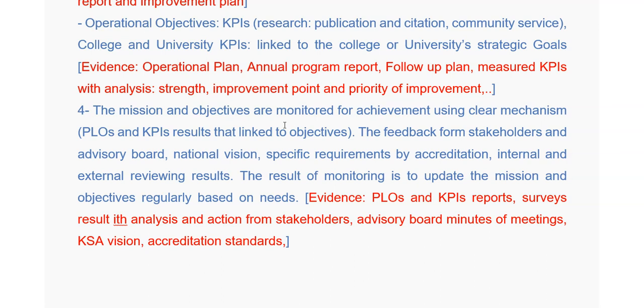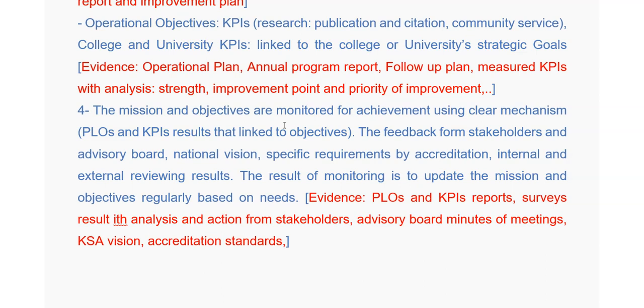This mechanism should be written. Also, you need to provide evidence, for example program learning outcomes and KPI reports, survey results, the analysis and action from stakeholders, advisory board minutes of meetings, Saudi Arabia vision, accreditation standards, any documents, any reports showing that based on them you updated your mission and objectives.